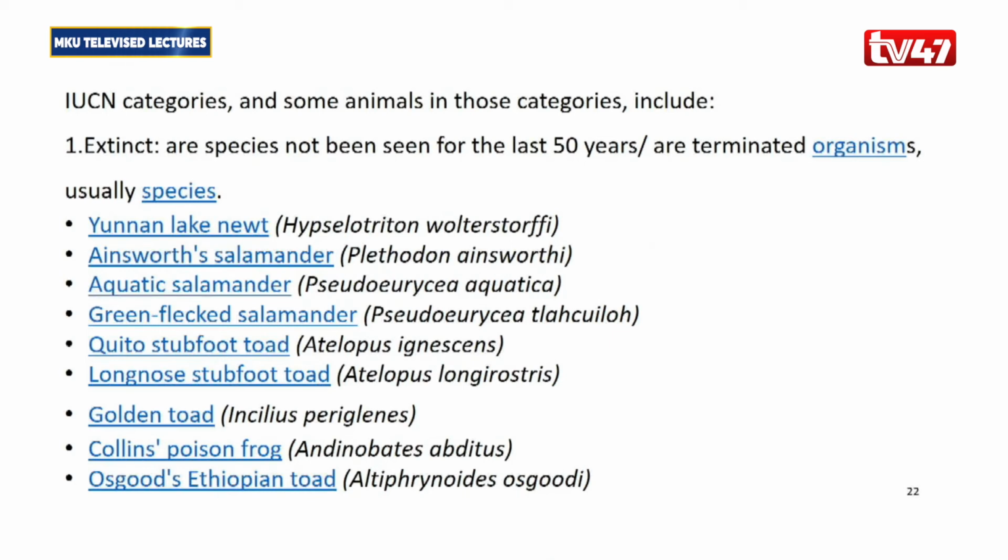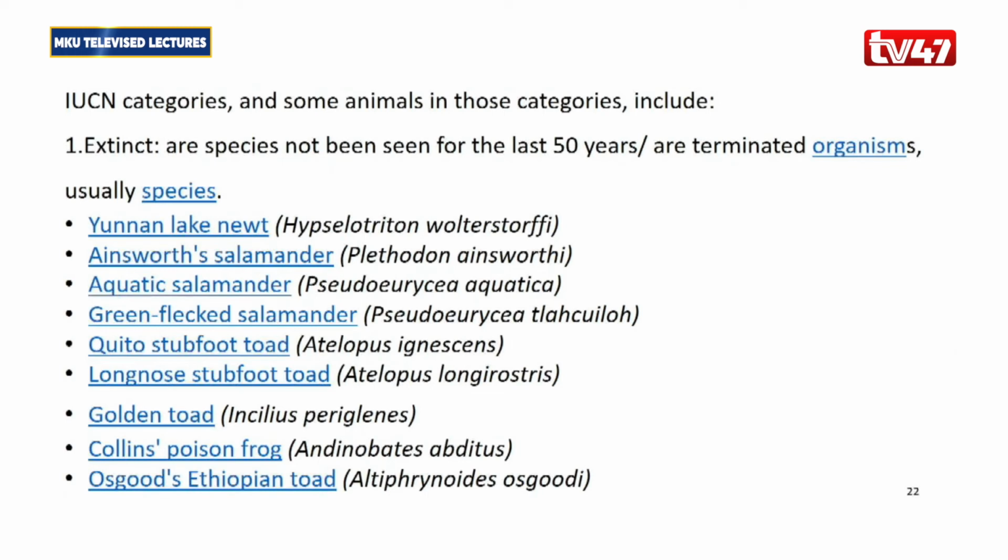Now, examples of amphibians that have been phased out because of various causal factors. What normally brings about extinction? Extinction comes about because of various factors that interplay to cause a reduction rather than a sustainable increase of a particular species.